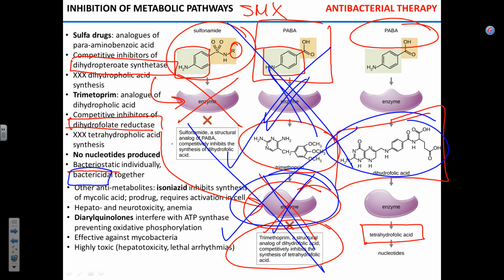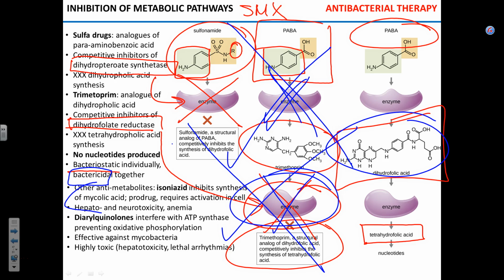There's a class of bacteria that have mycolic acid in the cell wall: mycobacteria, okay? Like Mycobacterium tuberculosis, Mycobacterium leprae. So isoniazid is extremely effective against mycobacterial infections, but pretty toxic.